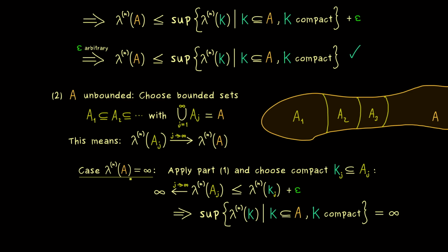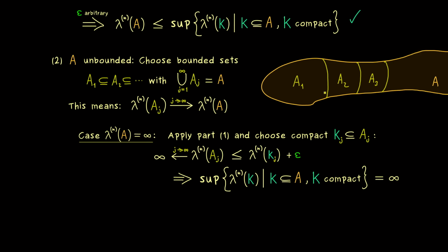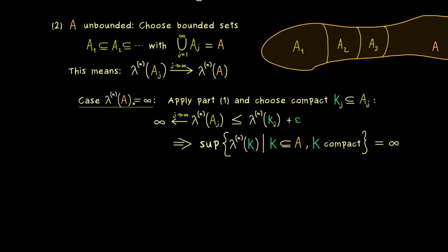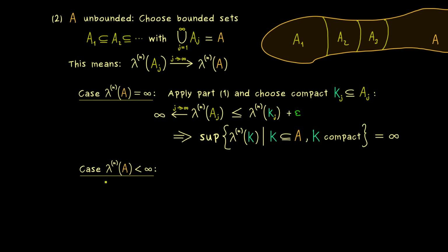And now the second subcase just means that A gets smaller when it goes to infinity, so it's unbounded but still with finite measure. Therefore in this case, the supremum is not allowed to go to infinity. However, now the good thing is that this means that with our bounded sets, we can get as close as we want to the measure of A. So let's say we find an index m where the difference is already smaller than epsilon.